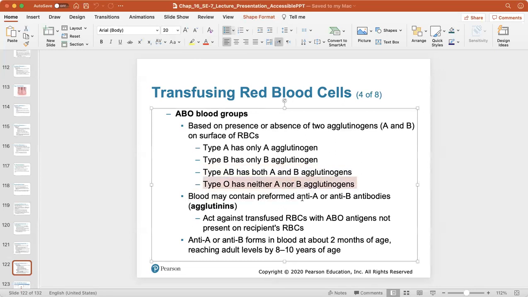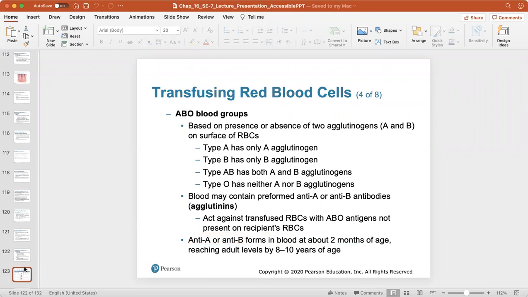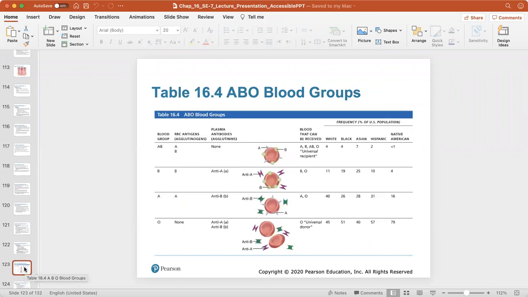Blood can contain preformed anti-A or anti-B antibodies, which we'll talk about as well. They act against transfused red blood cells with ABO antigens that are not matching. Anti-A and anti-B antibodies will be formed in the blood at about 2 months of age, reaching adult levels by 8 to 10. So here we have ABO blood groups.